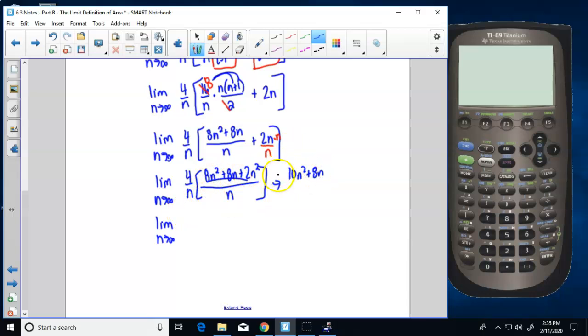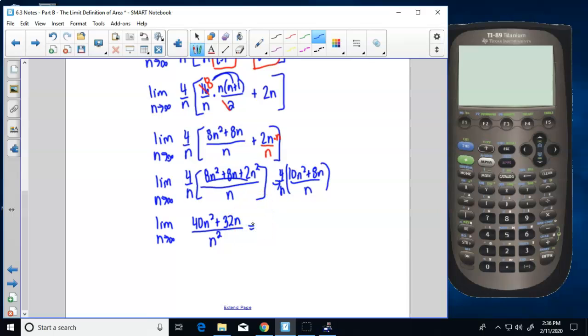So, we've got 4 over n. So we would have 40n squared plus 32n over n squared. And then this is limit as n approaches infinity.